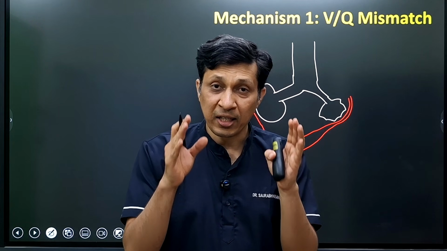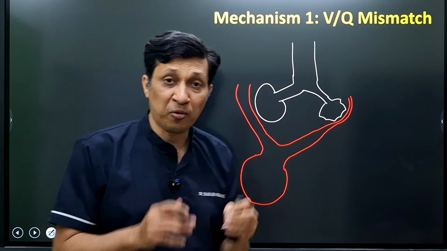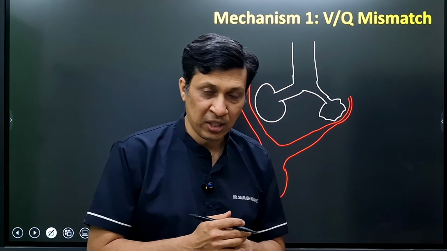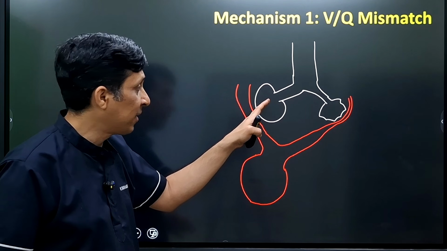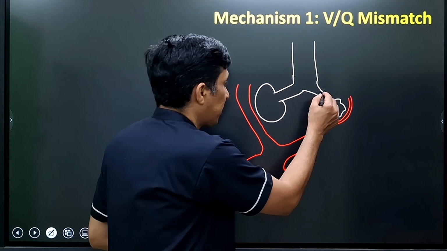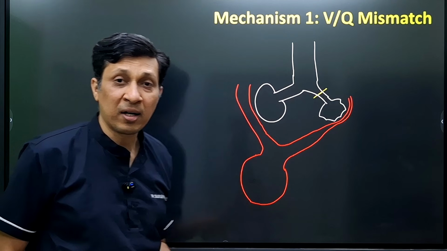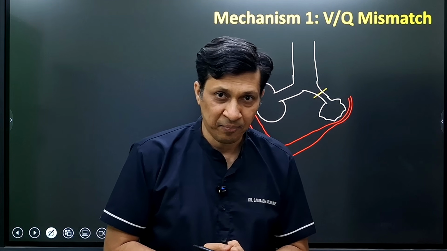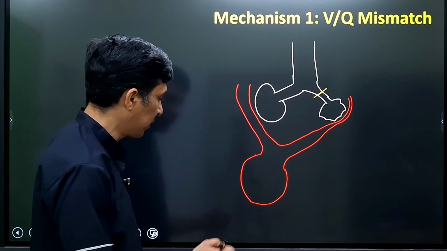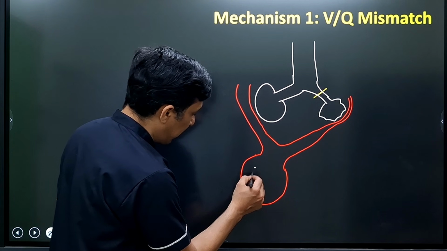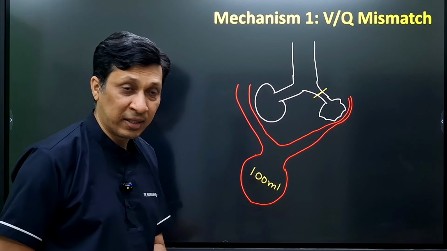The first and most important mechanism is VQ mismatch, or ventilation perfusion mismatch. In a COPD patient, some lung is normally ventilated, and due to airway obstruction, some lung is not properly ventilated. So this is about ventilation, and now let's see about perfusion. Now this is the heart. For the sake of calculation, consider there is 100 ml of blood in it.